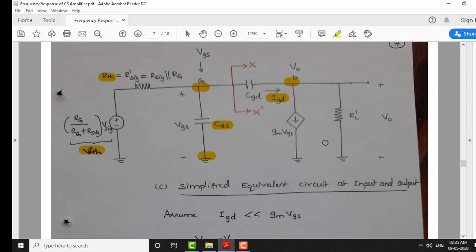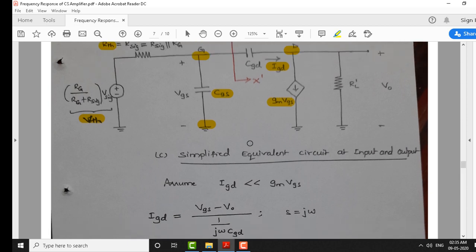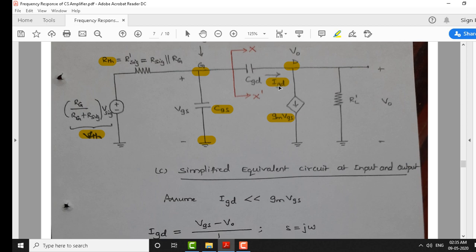Now there is one assumption we should make here: the current IGD should be very much less than GM times VGS for the circuit to behave like a common source amplifier. Now let us obtain the expression for IGD. IGD is the current flowing through the gate to drain capacitance CGD.